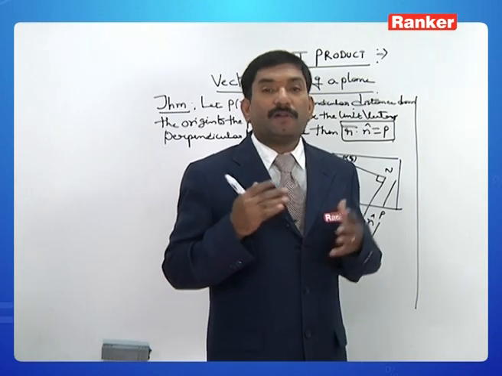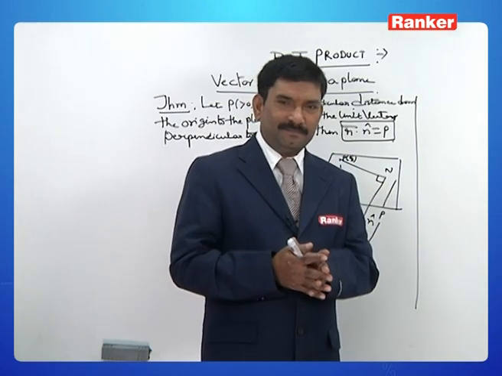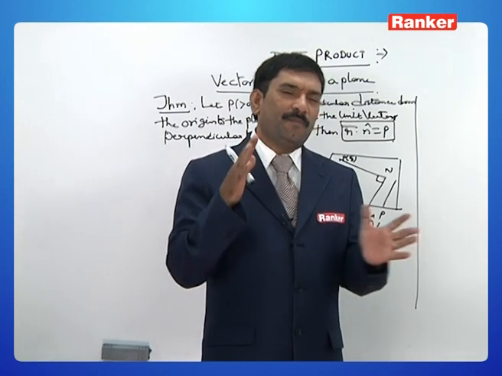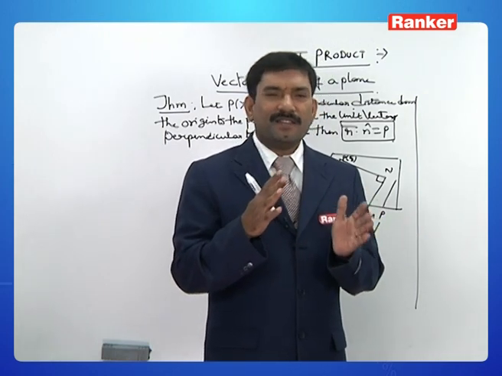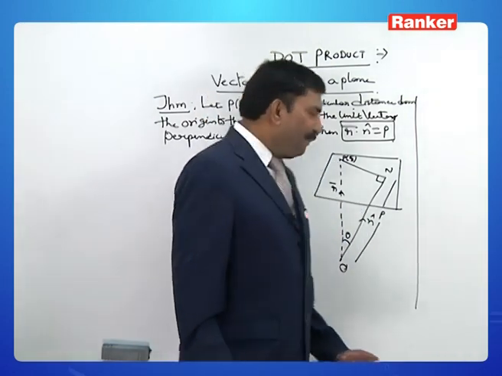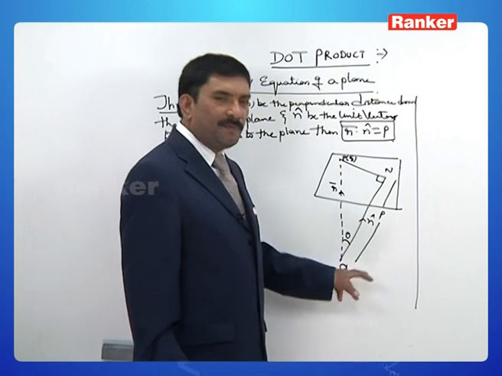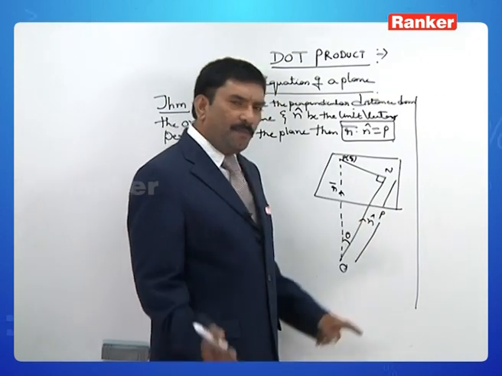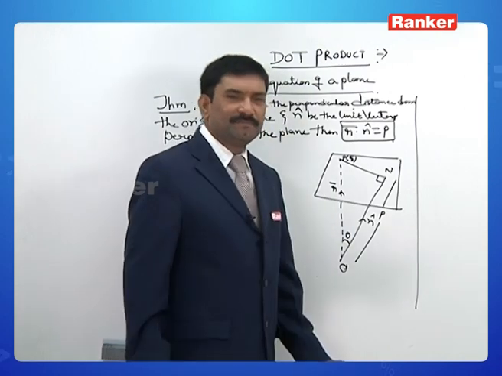I do admit, I am not denying it. But in 3D, if you go for more lines, there is more ambiguity and complexity, and it will not be convincing to understand. So let this length ON be P. So N cap is collinear with ON.